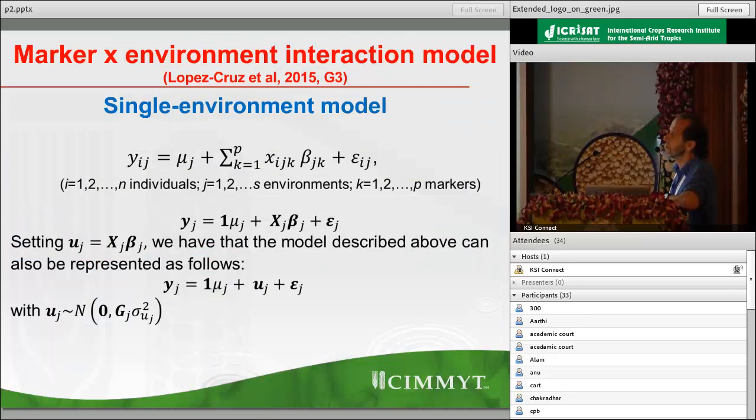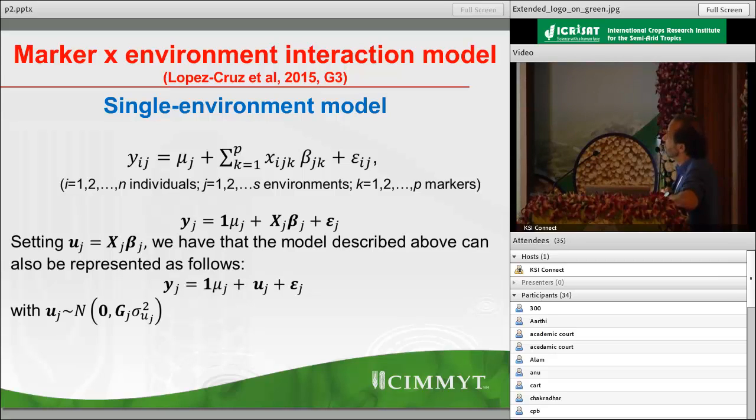So let's talk about this marker by environment interaction model. This particular model has the following characteristics. We have a single environment model. This is the standard model, the GBLUP model, the ridge regression model. These are the effects of the environment.